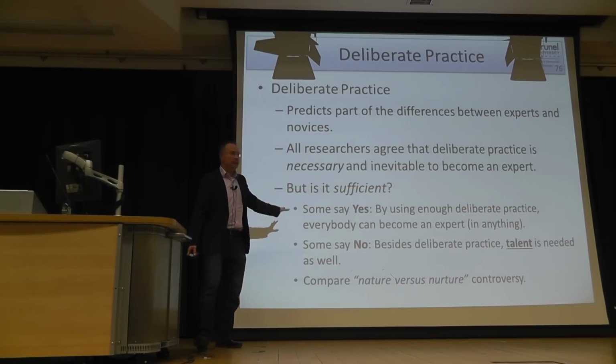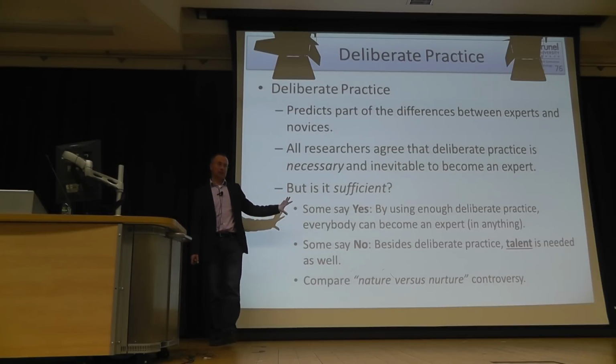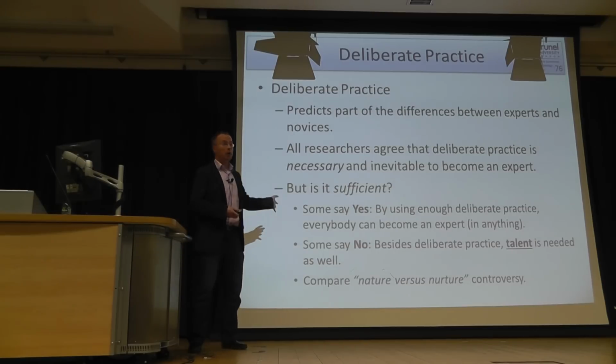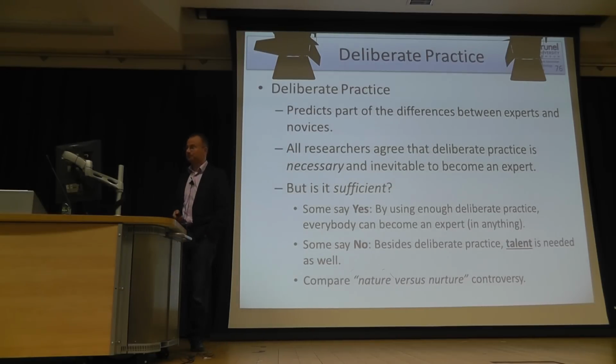And studies are very difficult to really differentiate between these two options, and you usually have to do twin studies and things like that, which is difficult enough in intelligence research. But how many twins do you have who are tennis professionals, for instance? It's not that many around.